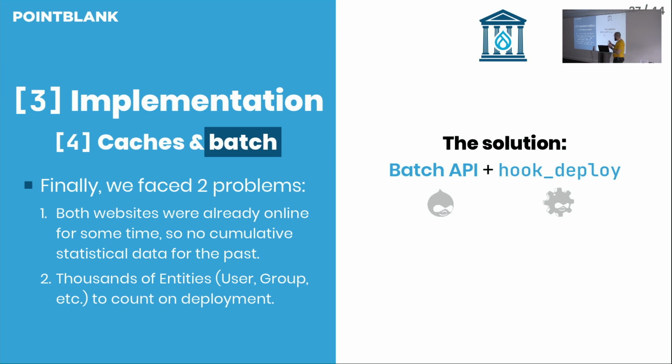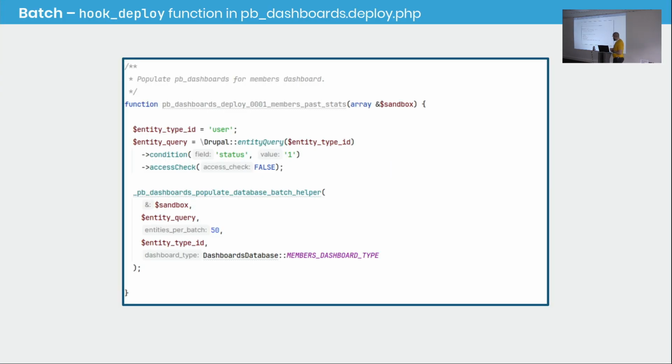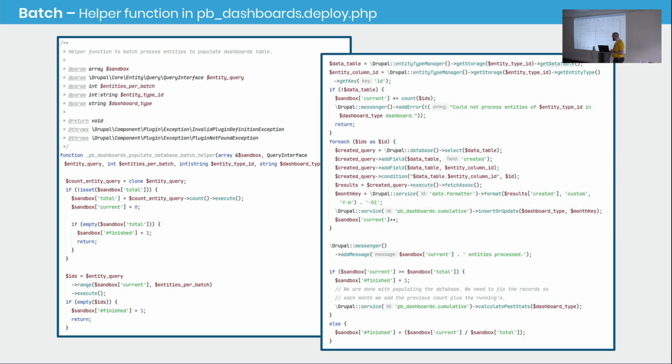so we were sure that everything that we had shipped was there, and then we proceeded with a batch API to do the calculations in a more grouped and organized way in batches of, in this case, 50 items. And the helper function looked something like this.